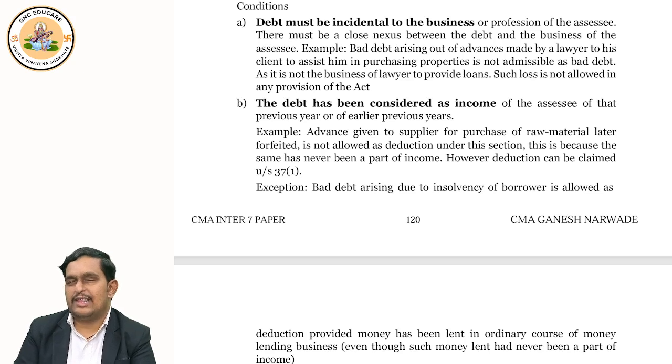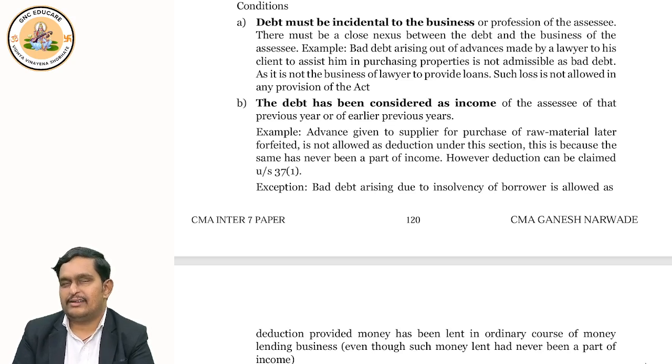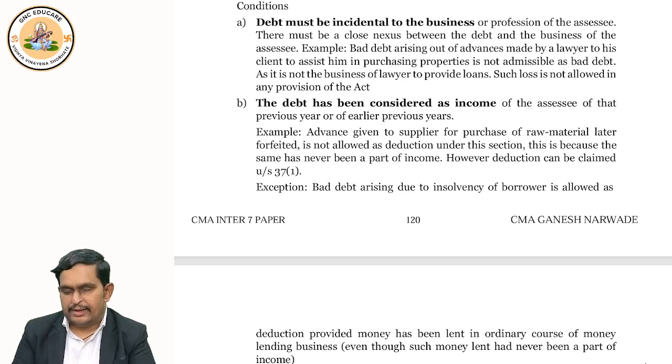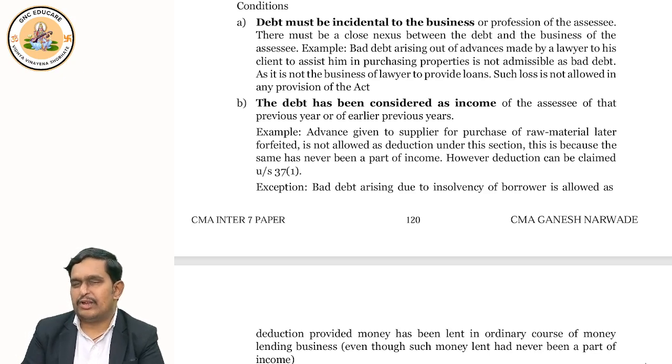Now to call it as bad debts, first it should have been treated as income. Then later on, if it is not received, we call it as bad debts. Now I'll tell you. Let's take the example of the same trader. When he sells the goods, what entry will he write? Debtors account debit to credit sales.